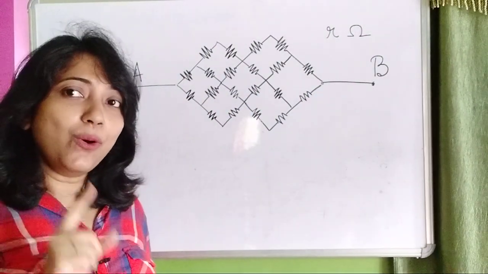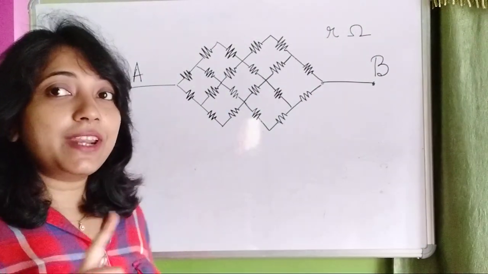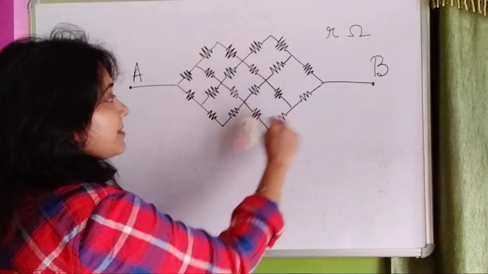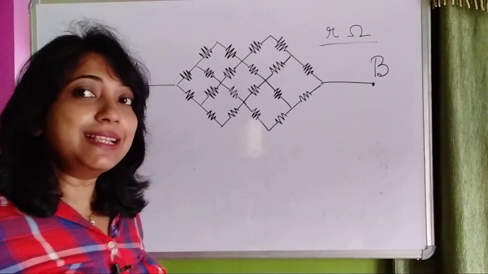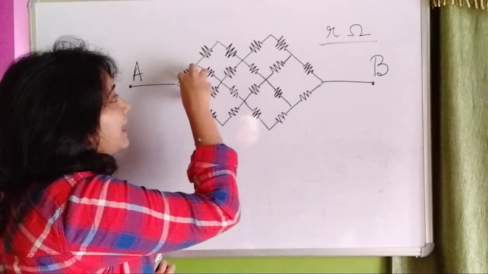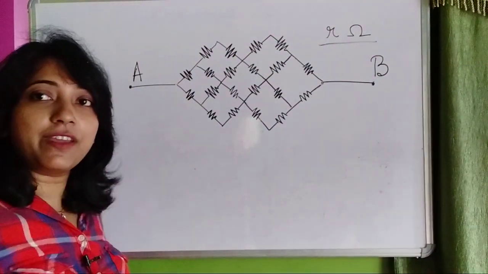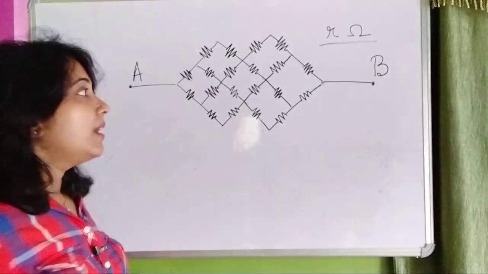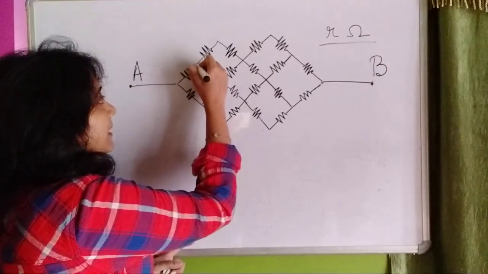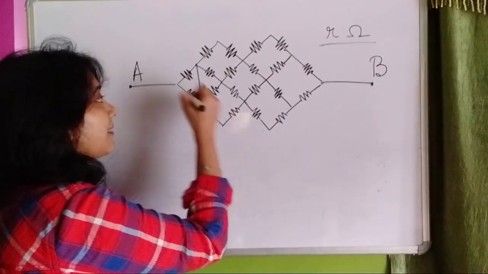The clue that we already have is that all of these resistors are of the value R. Which means, if I consider this small little part of the circuit, that is balanced.